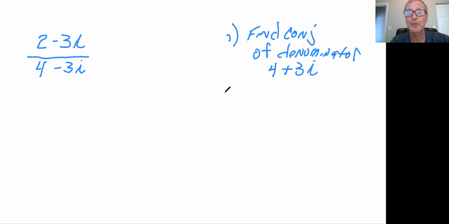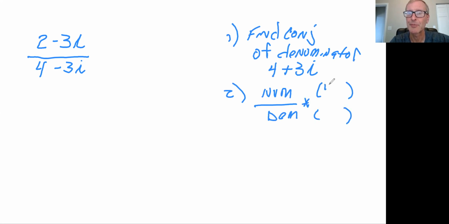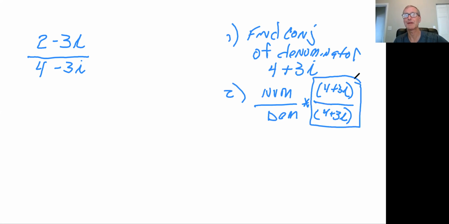And then you multiply both the numerator and the denominator by the conjugate. So that would be 4 plus 3i here and 4 plus 3i here. And you see that when you take this, right, that actually the number is 1.